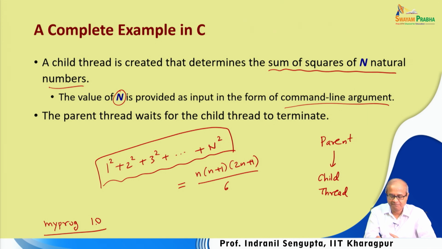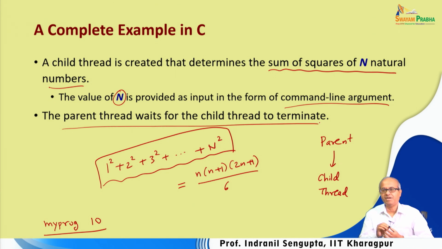If you give an input as part of the same line where you are giving a command, that is called a command line argument. And as I said, the parent will wait for the child thread to terminate, and only after that it will print that value, because the parent otherwise will not know whether the value has been computed or the child is still in the process of computing. Let us see.